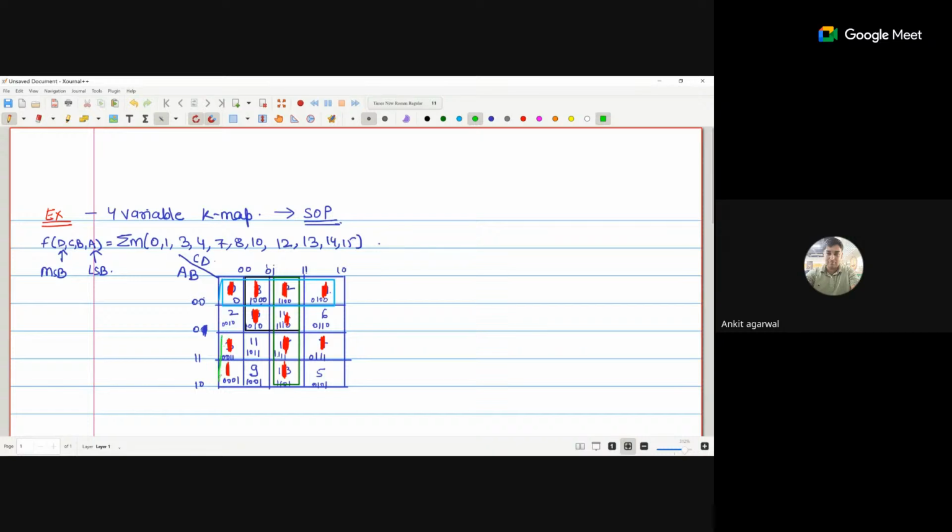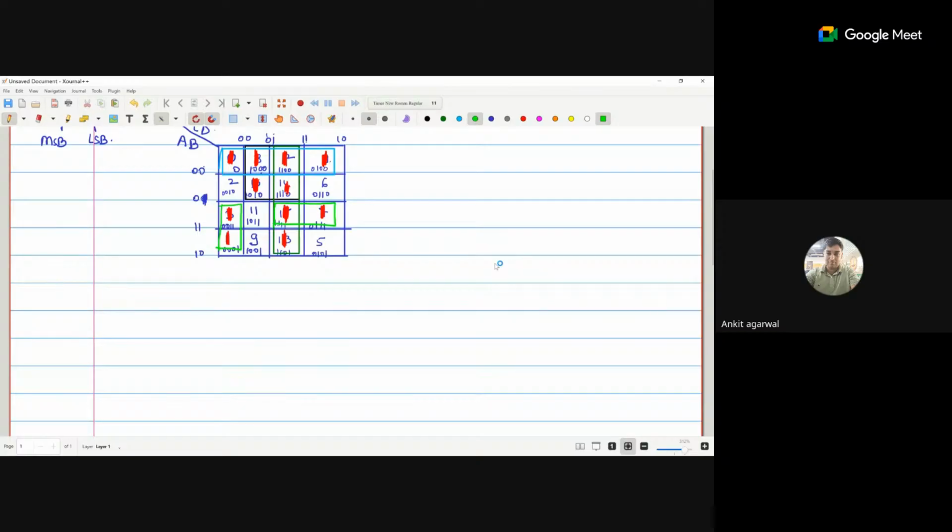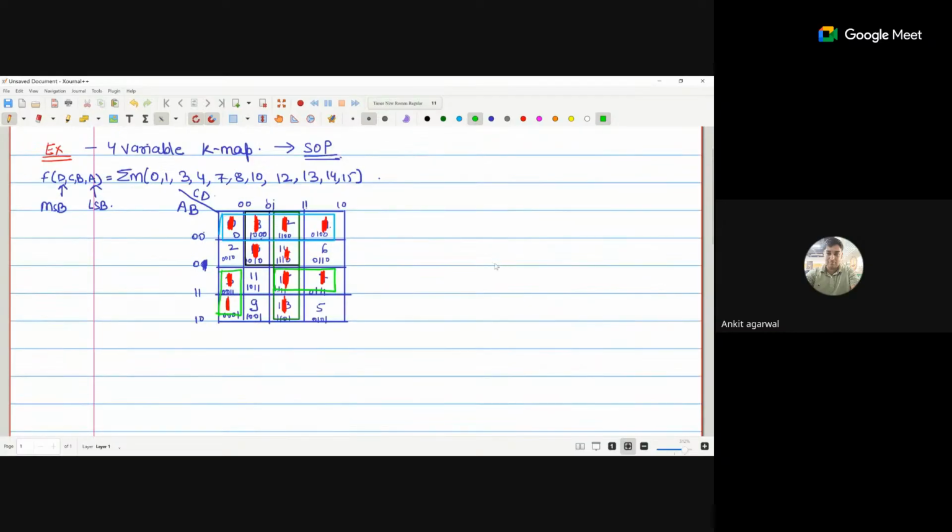Then group of 2 and okay. So 3 groups of 4 and 2 groups of 2.